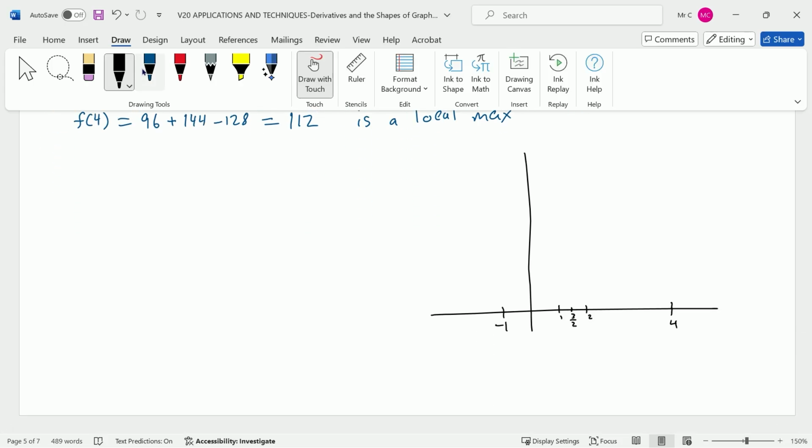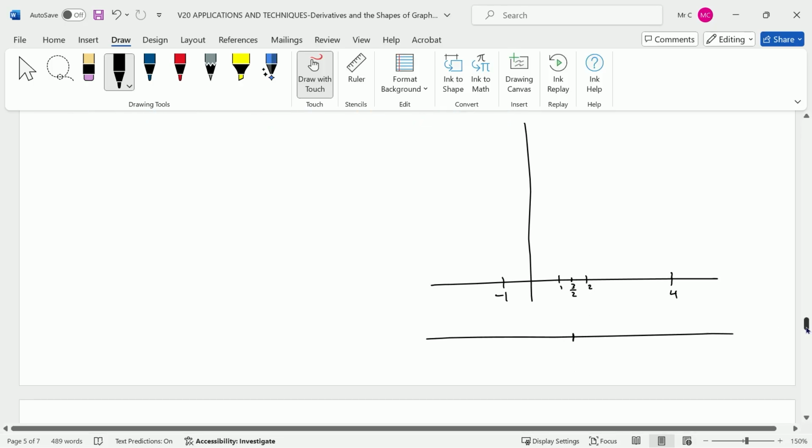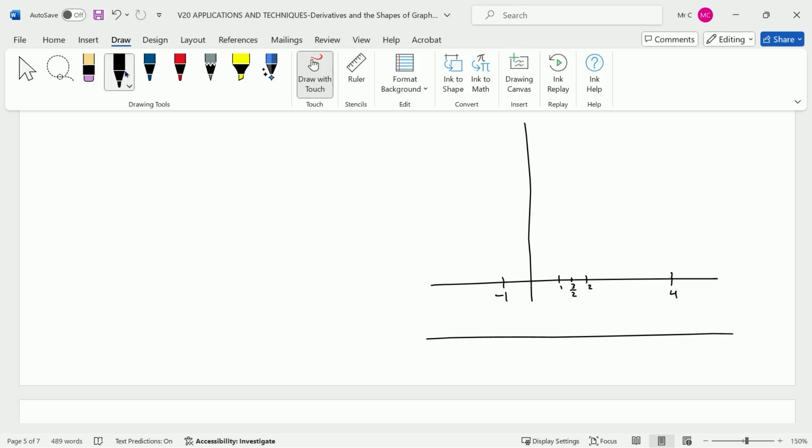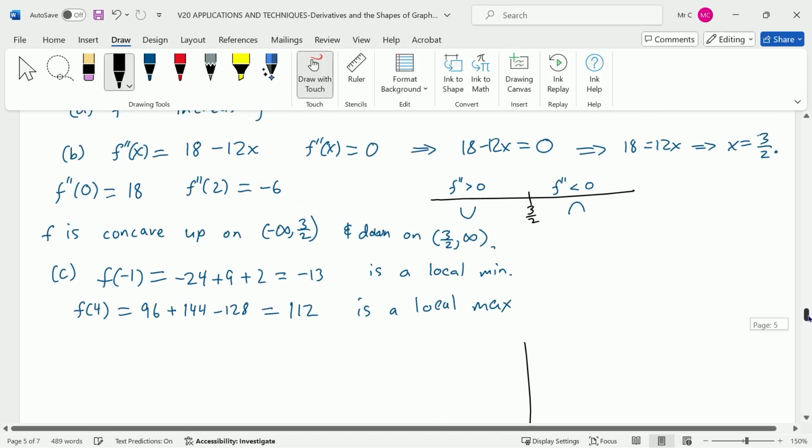Well, before I do that, let me go ahead and just draw my little breakdown here. Okay, so this just makes it easier to visualize.